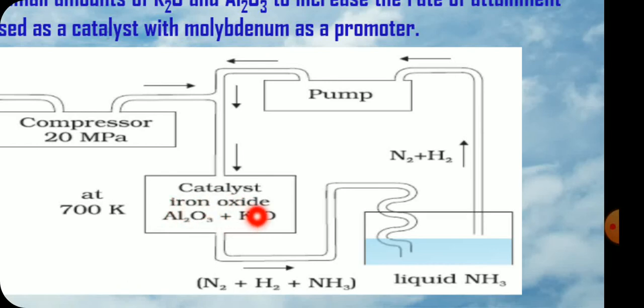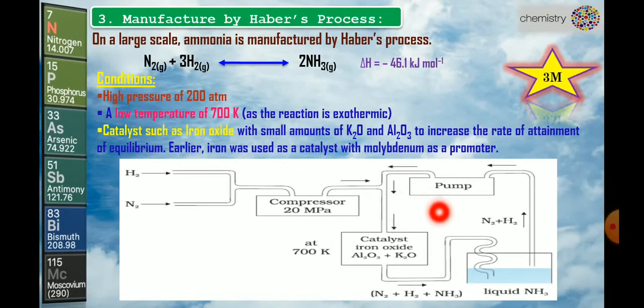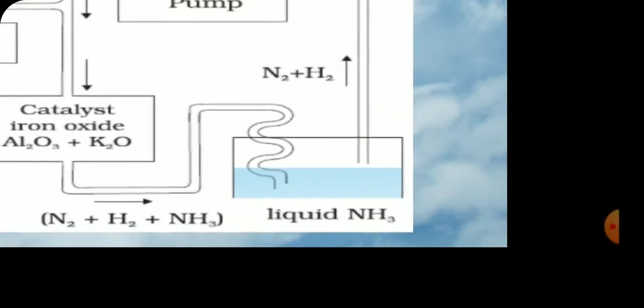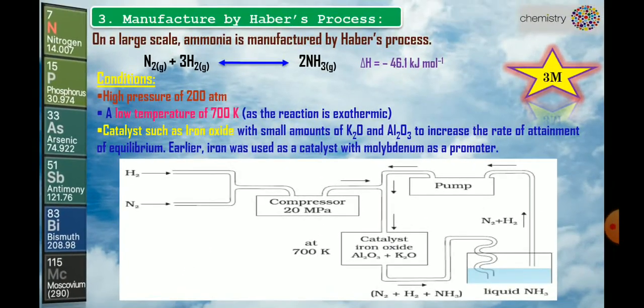Again, they react with the catalyst at a higher temperature and ammonia is formed. This cycle is repeated many times to get liquid ammonia, which is collected at the bottom of this chamber. So this is a flowchart used in the manufacture of ammonia by Haber's process.